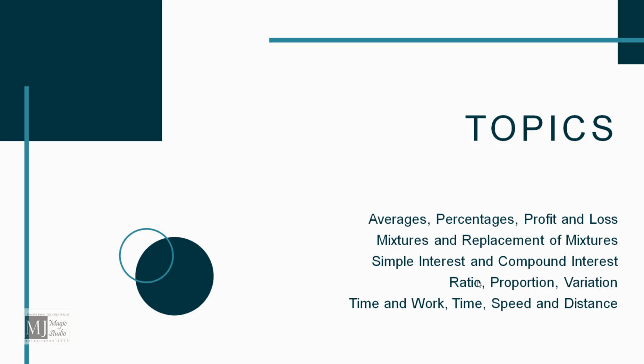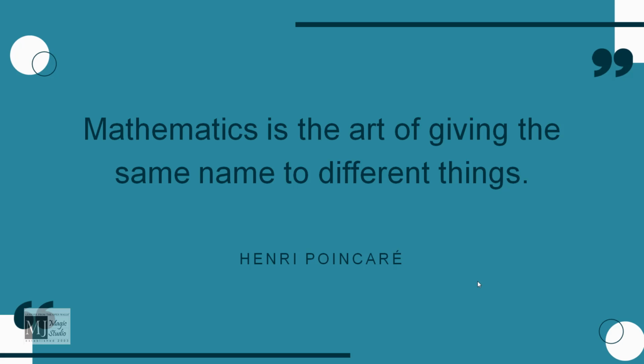The arithmetic topics which we would be covering in these videos would be basically average, percentage, profit and loss, mixtures, interest, ratio, proportion, and obviously good questions on time and work and time, speed and distance.